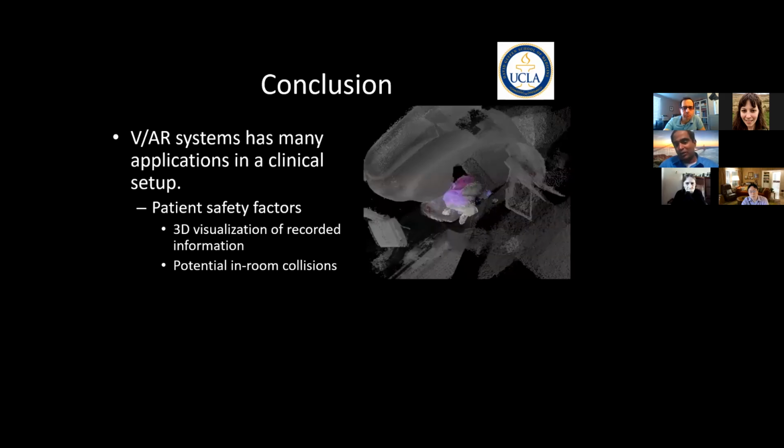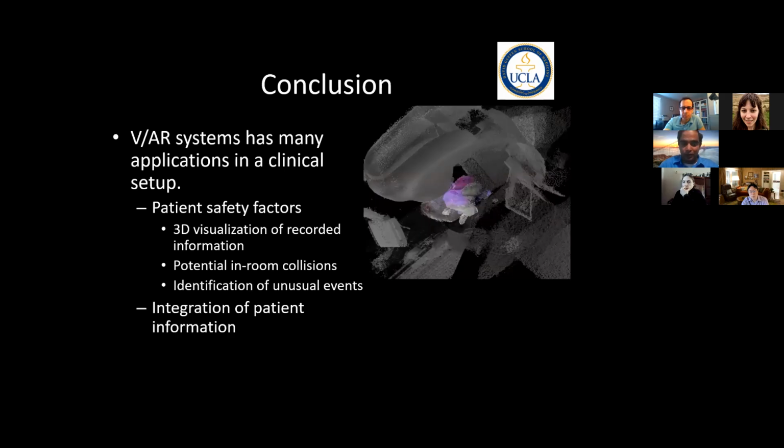Patients may be positioned wrongly: the wrong table, the wrong patient, the wrong site, treating the right lung instead of the left lung. All those scenarios need to be precisely captured and visualized so that those events can be avoided and reviewed. Indication of unusual events is also critical.